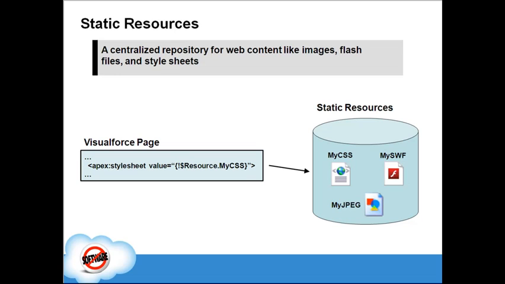The global variable $resource is an easy way to include files stored in static resources into Visualforce pages. Static resources also support a mechanism to store files in an archive, like a zip file format, and reference the files contained within that archive.